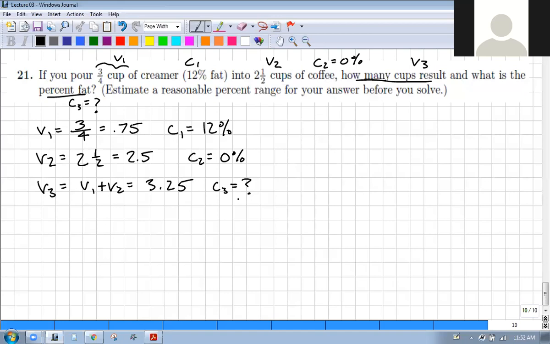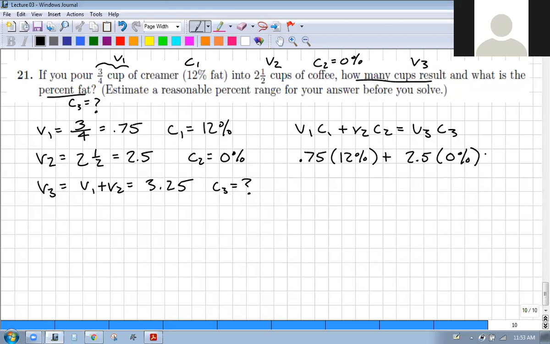So what is C3? Well, V1 C1 plus V2 C2 equals V3 C3. So V1 is 0.75 at 12%. Then we have 2.5 at 0%.